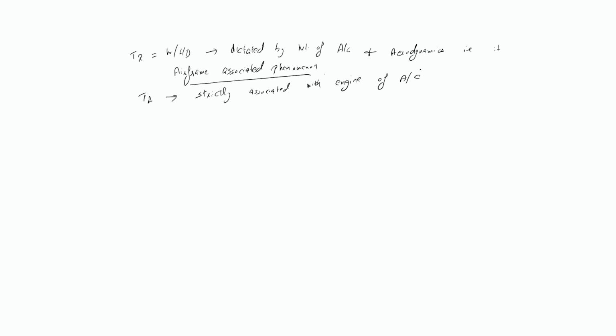Now let me draw the curves here for thrust available with the velocity. So this is for a reciprocating piston engine. And consider this as sonic speed, that is Mach equals 1.